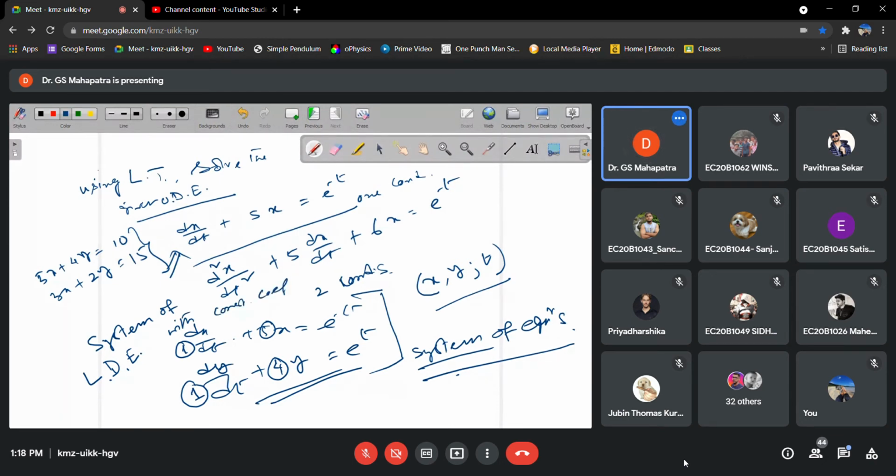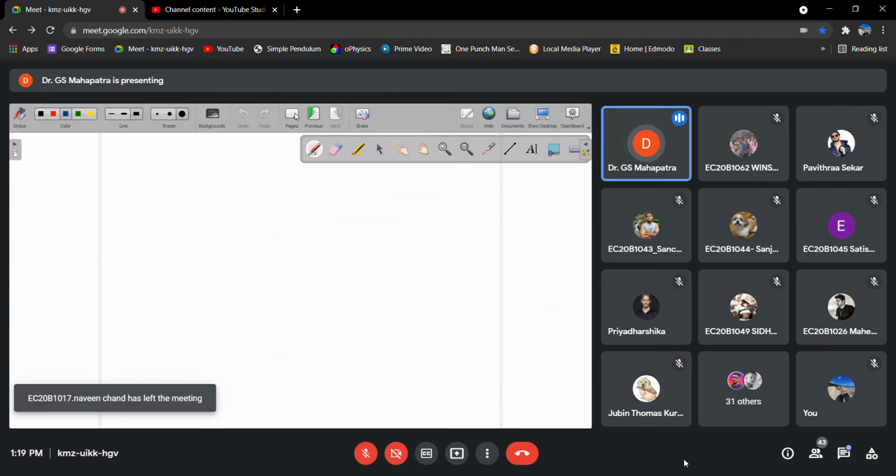Constant coefficient, correct? So we will study this one. If there is more than one differential equation with two dependent variables and one independent variable, you can say that is simultaneous differential equations. Now we will directly consider one problem and solve it.